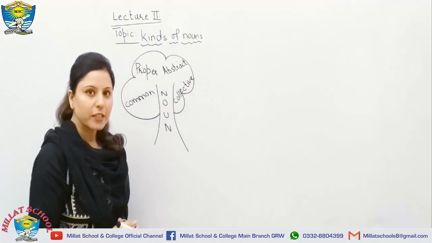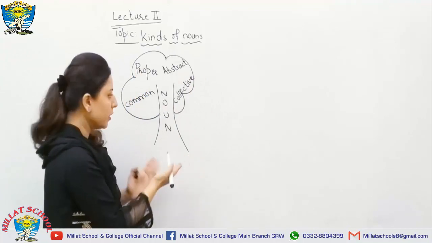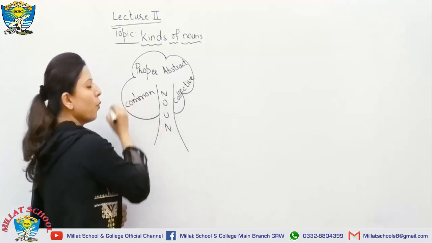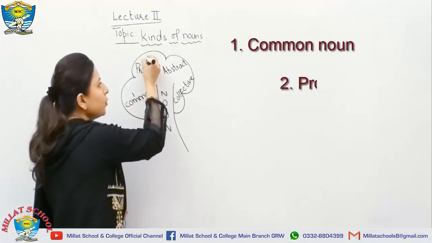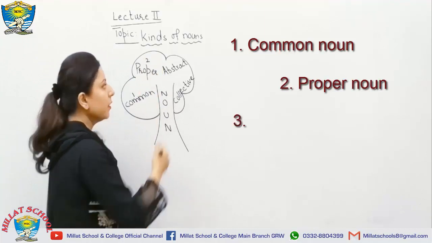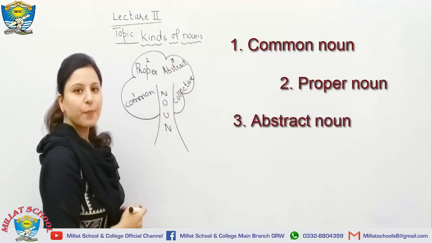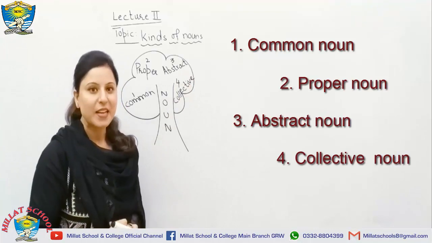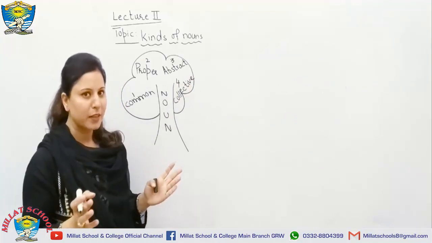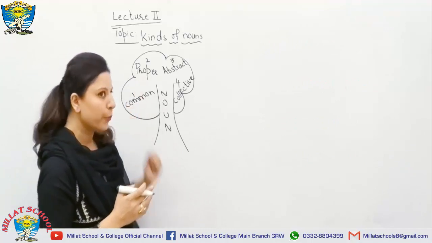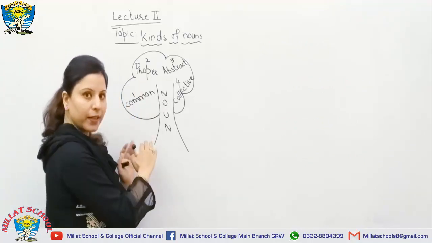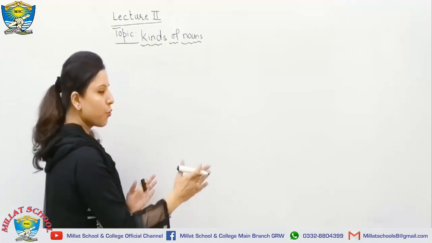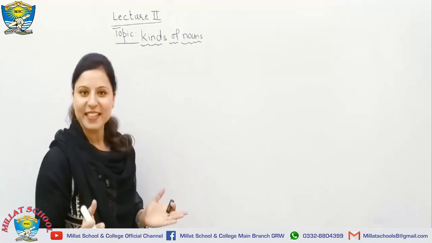So how many branches are there on the tree of the noun? This is the tree of the noun, and we have got 1 common, 2 proper, 3 abstract, and the 4th one is collective noun. So let's begin the fun by using the first 2 branches of the tree, common and proper. Common and proper noun is going to be the first fun of this lecture.